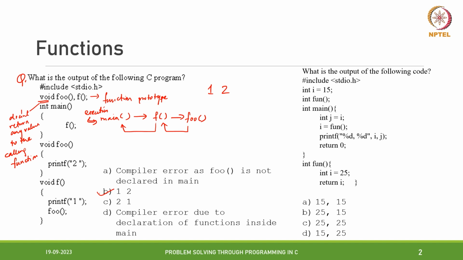As there are no more statements in f after calling foo, it will send the control back to the main function, and after this main will exit because there are no more statements after the call of f. So the output of this code will be 1 and 2. Right? Is there any doubt as to how the flow of the program goes here?